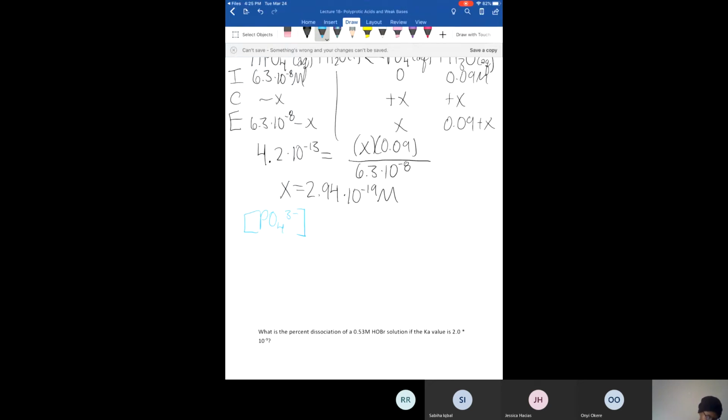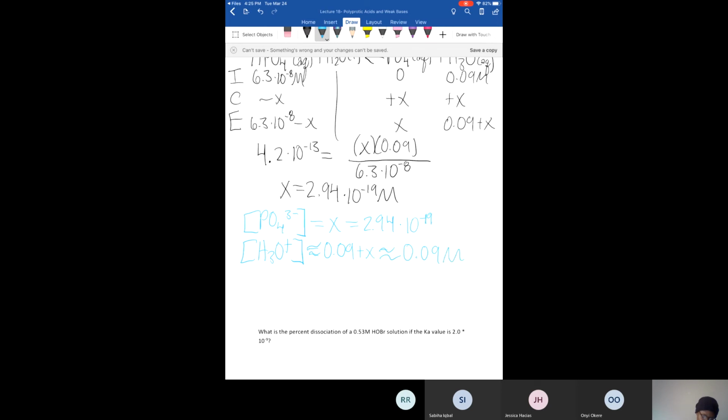So your PO4 3 minus concentration, x, is 2.94 times 10 to the negative 19. And your H3O plus concentration is 0.09 plus x, which is still roughly 0.09.